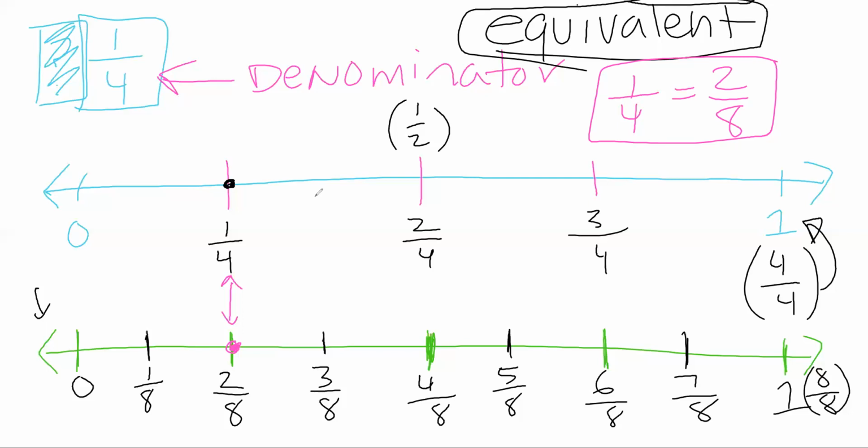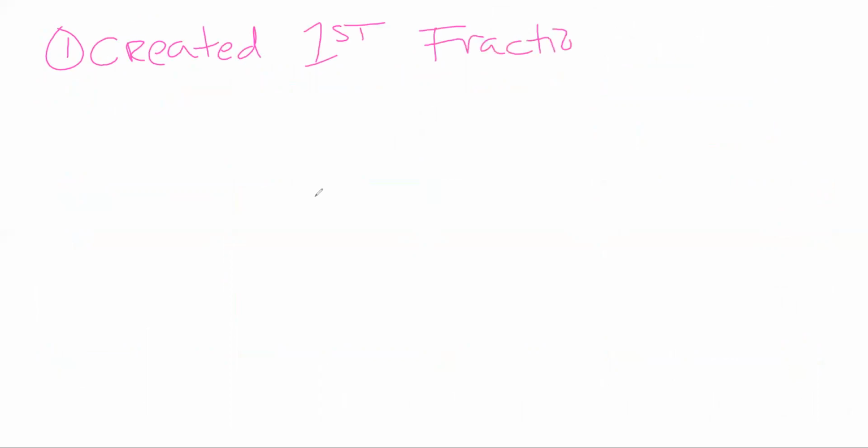Okay, so let's continue this out. Let's practice this with another one. Let's think about what we did there. The first step was we created the first fraction on a number line, right?